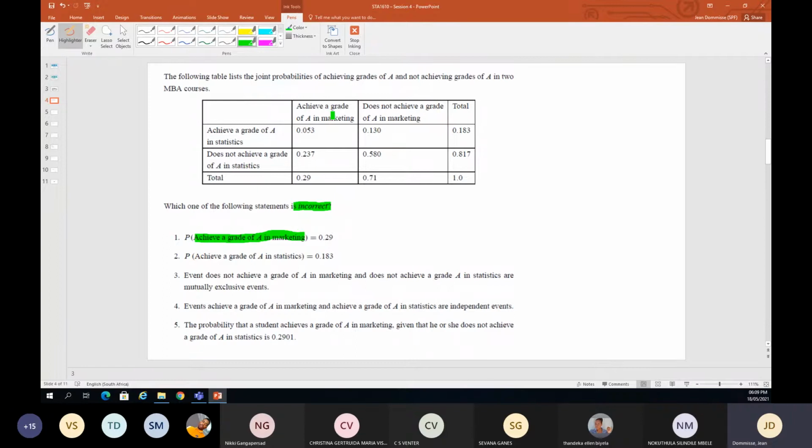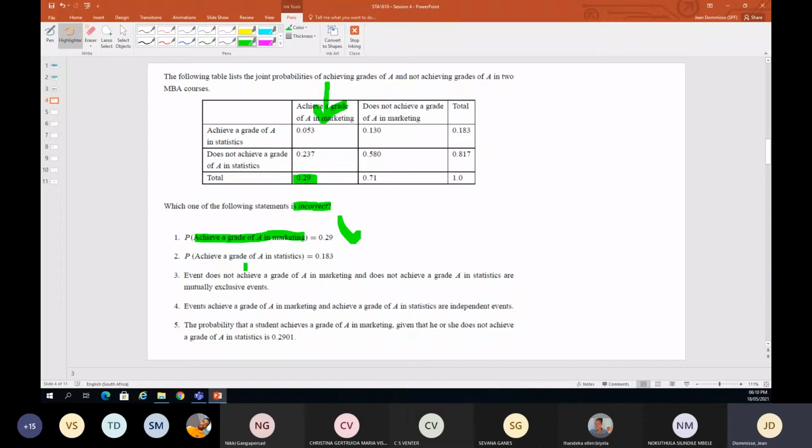So we're basically looking at that column, and in that column we're basically looking at what's the total, and that is 0.29, so that is correct. Okay, let's look at another one.